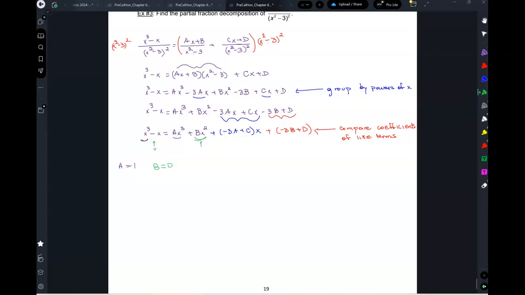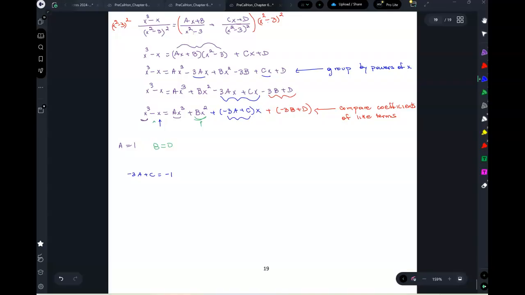Okay, now let's do c. This is the coefficient of the x, right? That's the coefficient of the x. So what is that? Negative 3a plus c. On this side, what's the coefficient of the x? Negative 1. So this is equal to negative 1. Let's see if we can solve that. Negative 3, oh, a is 1, plus c equals negative 1.